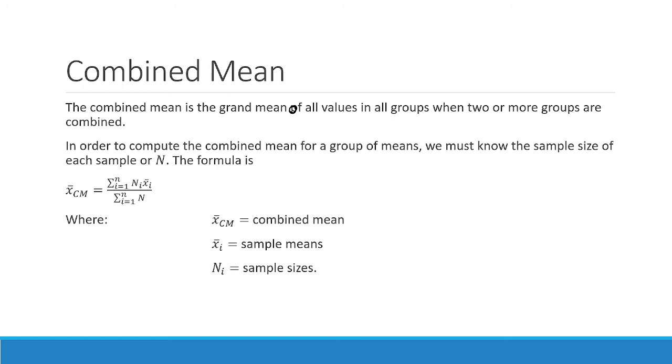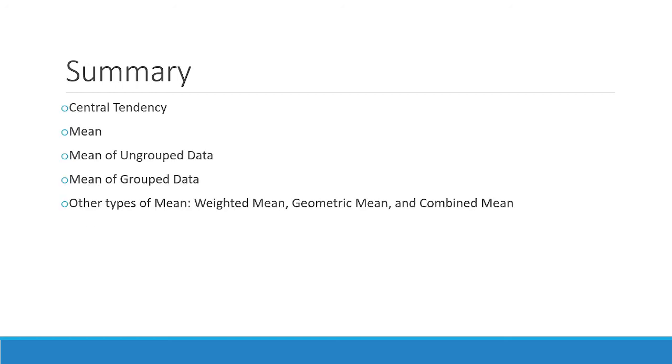For the combined mean, we just need to get the quotient of the summation of all the products of the sample size times its mean, divided by the summation of all sample sizes. So we have here x-bar sub i, which is actually our sample means, and n sub i will be our sample sizes.